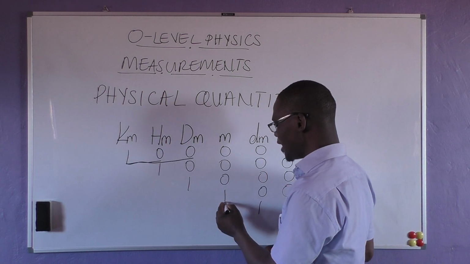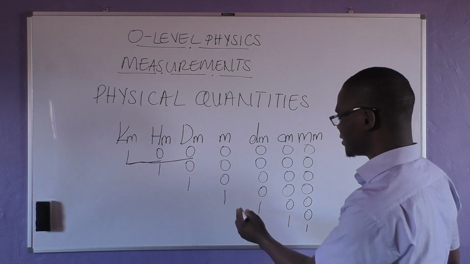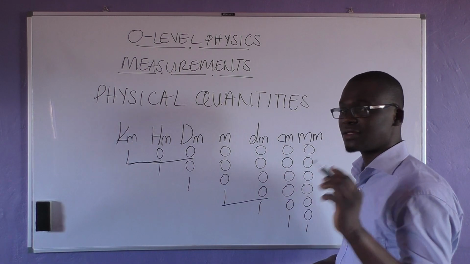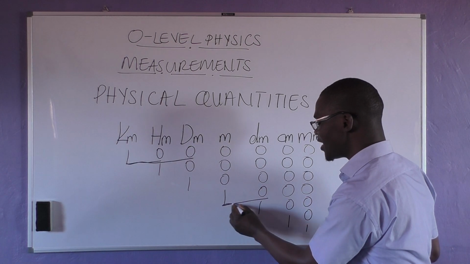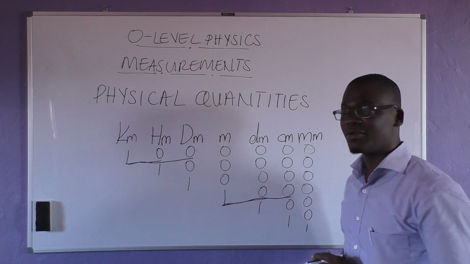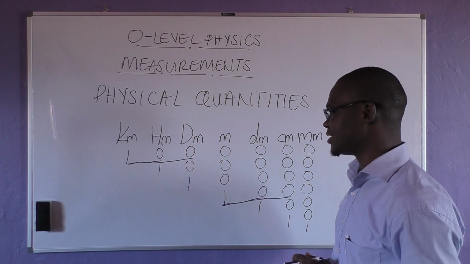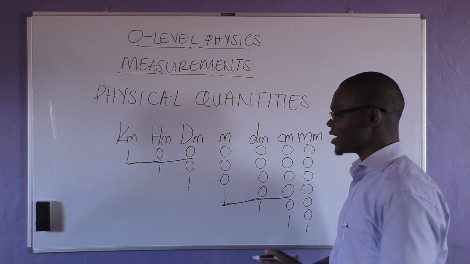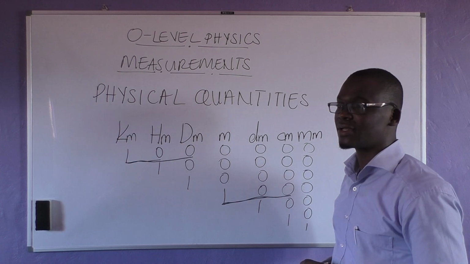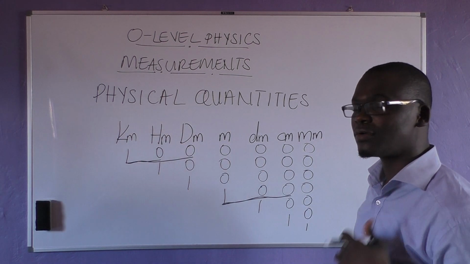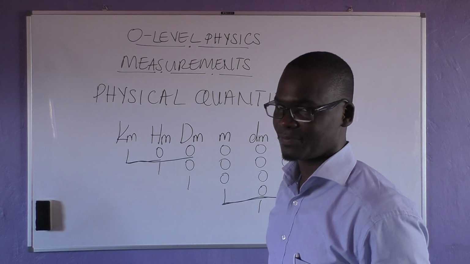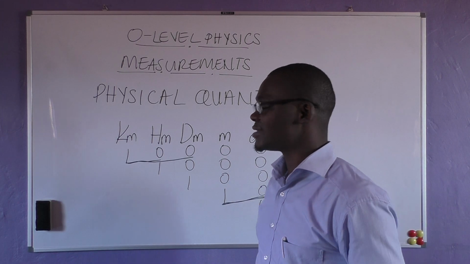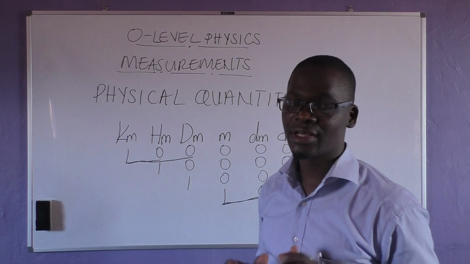And 1 meter is equivalent to 10 decimeters. Still 1 meter is equivalent to 100 centimeters. So that means that we need to memorize this to help us convert from one unit of length to another. Otherwise, that is all about length.